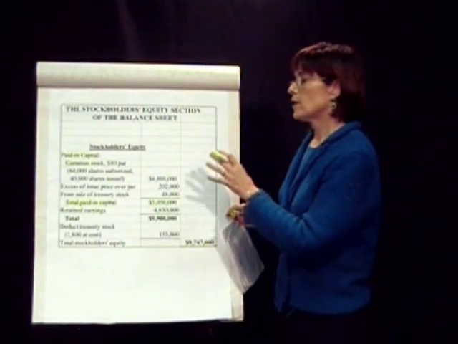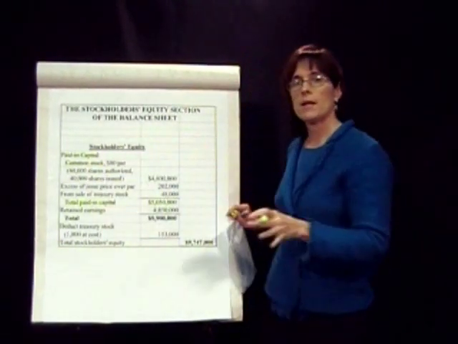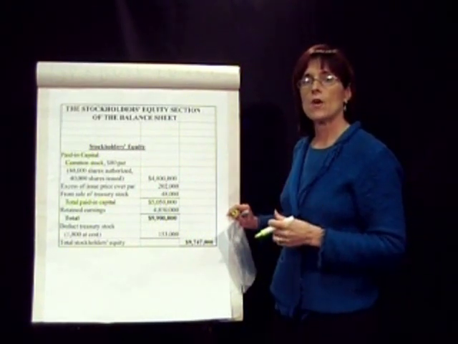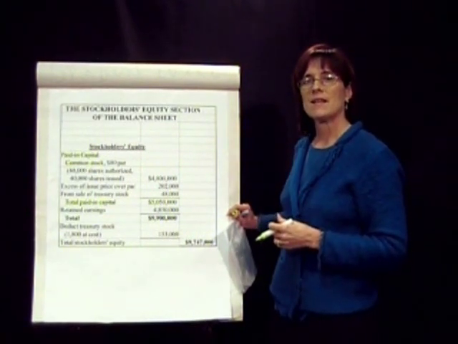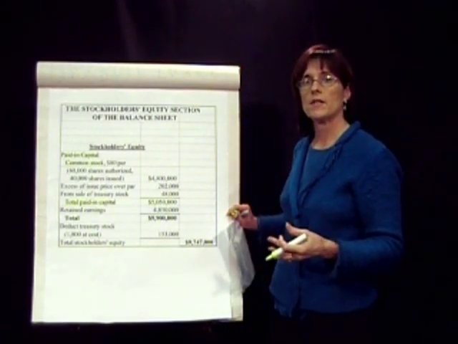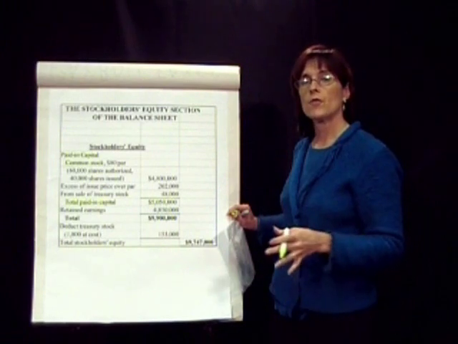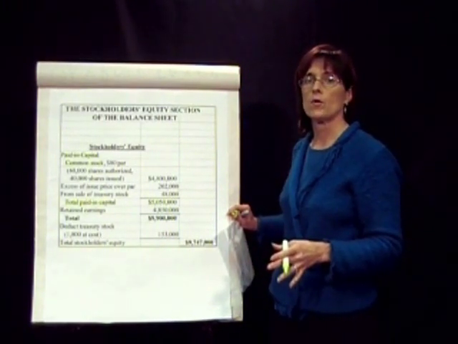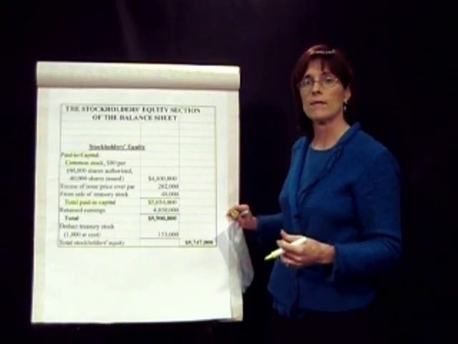If we go on down, you may see, not in this company, but some may have preferred shares. Preferred shares have preferential rights. And they have a dividend. When they're purchased, they're actually stated what the dividend will be. Now, a preferred stockholder only gets that dividend if dividends are declared by the board of directors. So there's no guarantee they will get that.